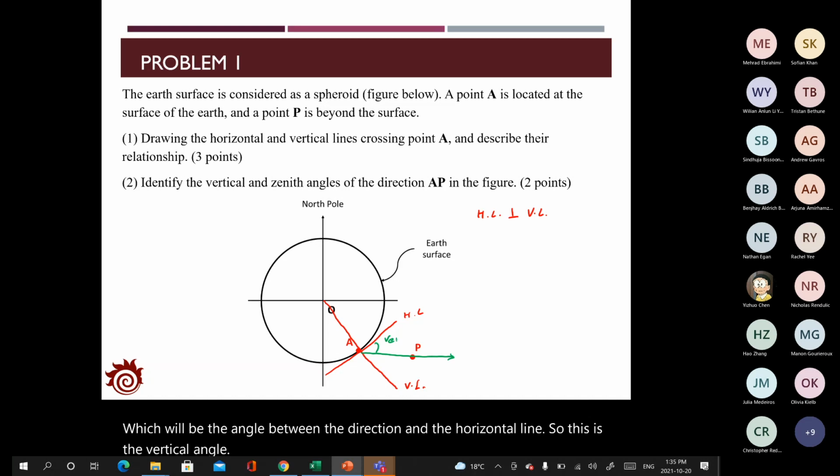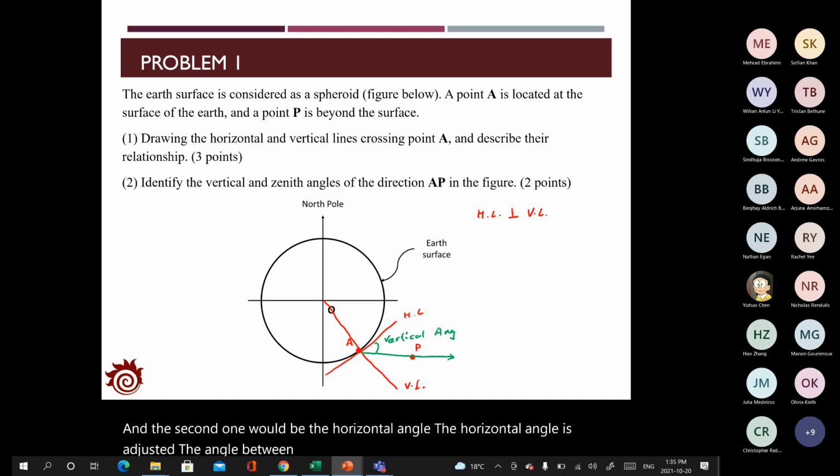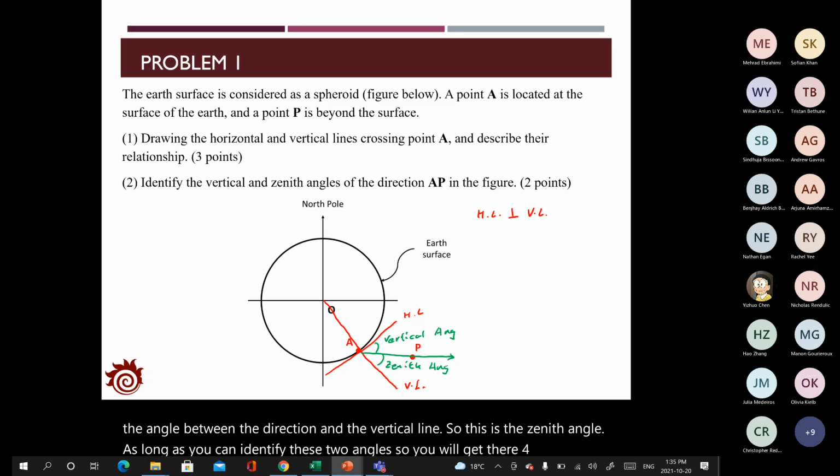And the second one would be the zenith angle, which is the angle between the direction and the vertical line. So this is the zenith angle. As long as you can identify these two angles, you will get the full points of the second part.